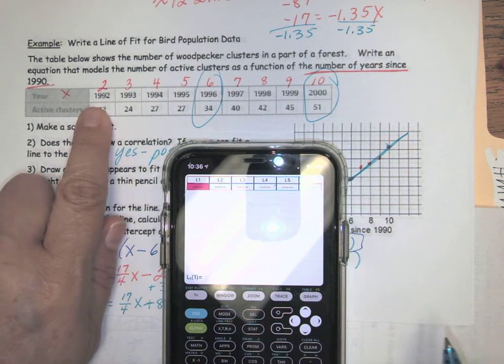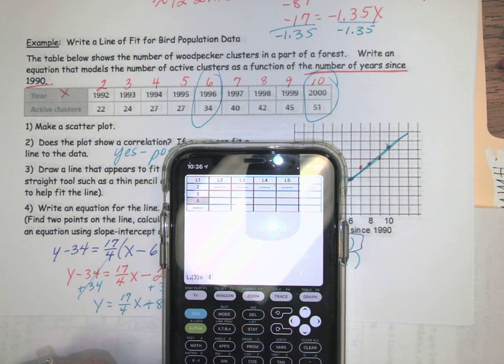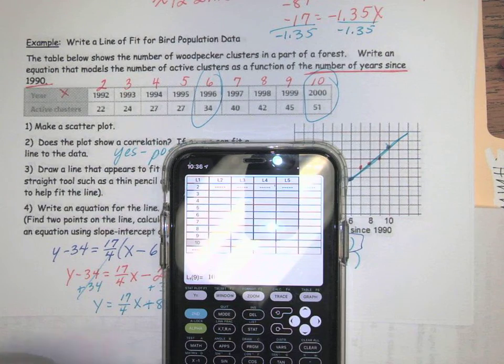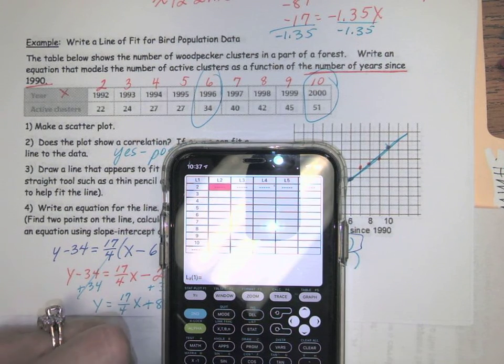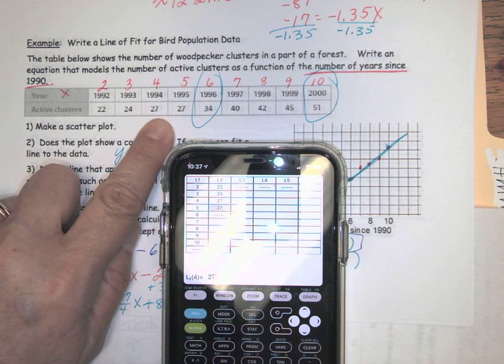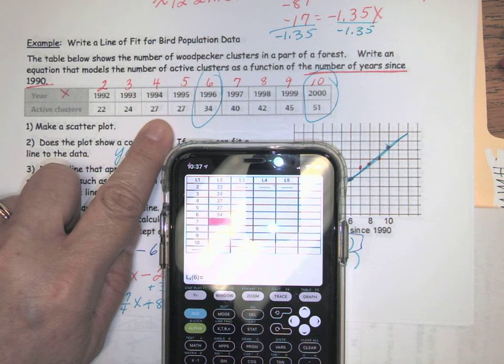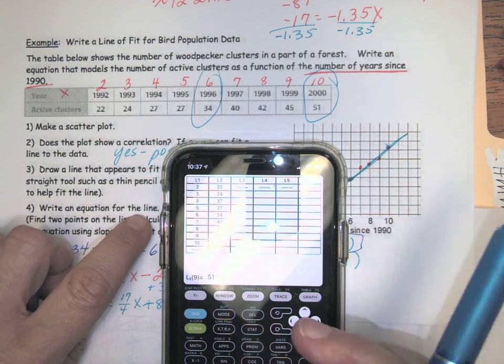So instead of putting 1992 in the X column, just put 2. Pause the video if you need to go ahead and put this in your table. So let's put all the X's in L1 and the Y's in L2. Now, make sure you have an even number, that L1 and L2 come out evenly, or you've left something out.